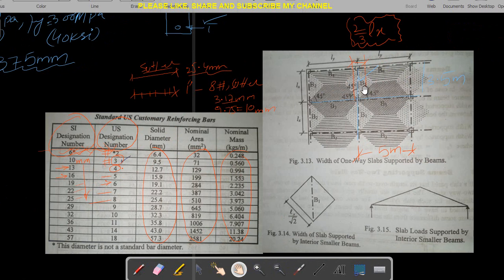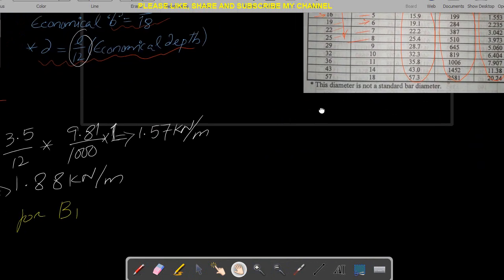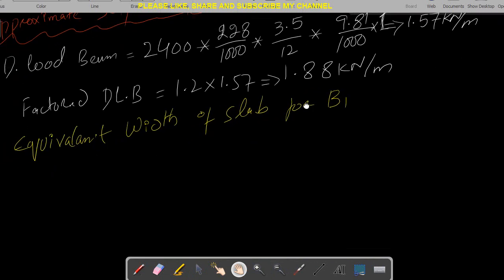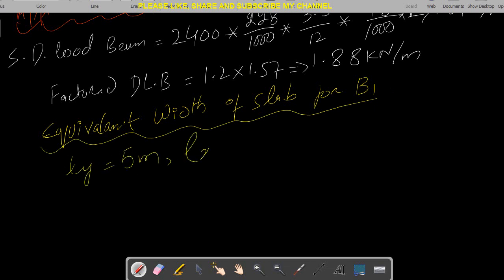We have already discussed and derived the equation for equivalent width. Please go and watch lecture 02, part 08 or 09, where I have derived this equation. In this case, for B1, my Ly equals 5 meter and my Lx equals 3.5 meter.